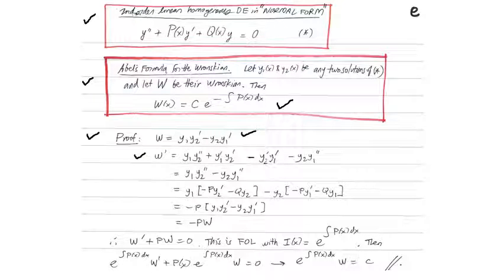We use the product rule twice, so we get two terms when we use the product rule for the derivative of the first term in the previous line, and then we get two more terms when we use the product rule for the derivative of the second part in the previous line. And then the y1 prime y2 prime terms cancel out, which just leaves that expression for the derivative of the Wronskian.